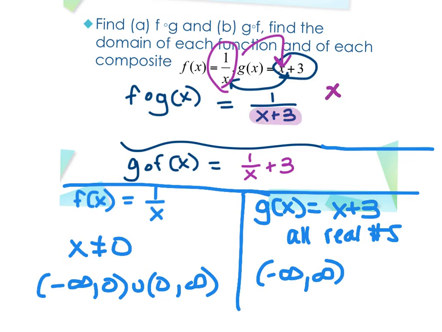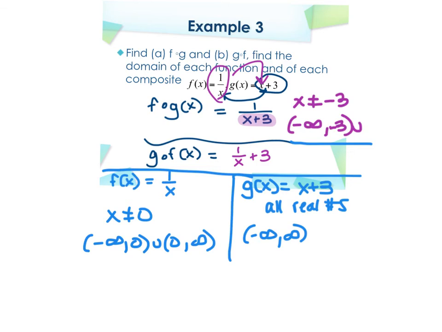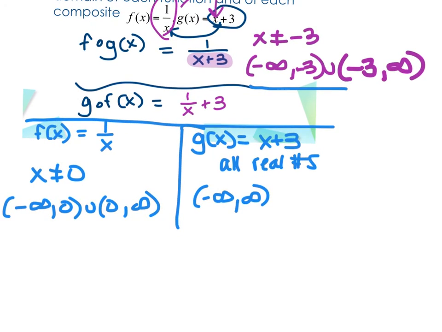So I would say that x cannot equal negative 3, negative infinity to negative 3, union negative 3 to positive infinity. It will always be that if there's only one number that you're saying it can't equal. And then for g of f, is there a domain restriction on this one? Yes. What is it? X cannot equal 0. Good.